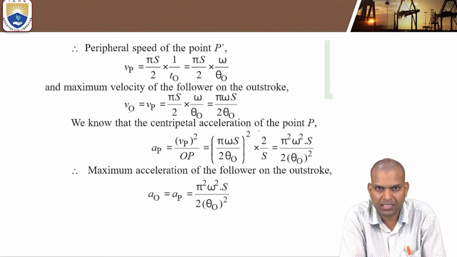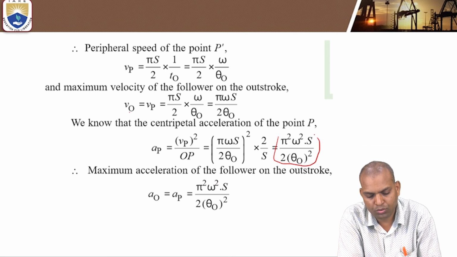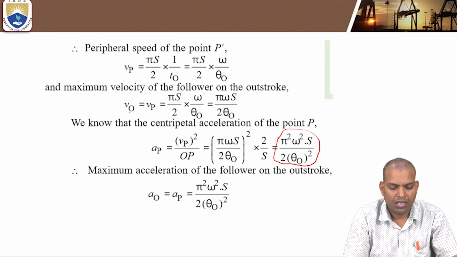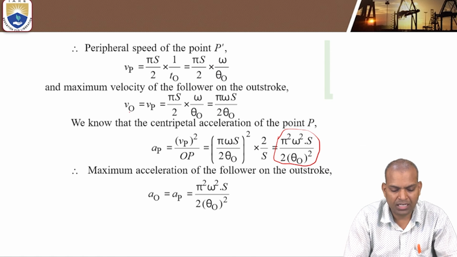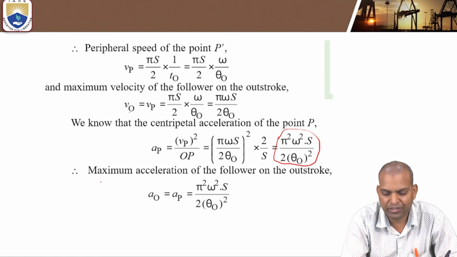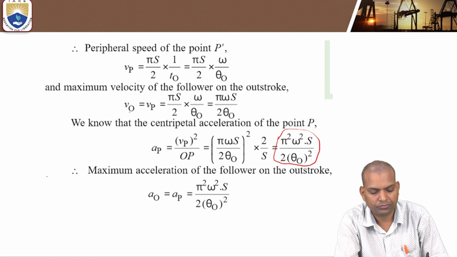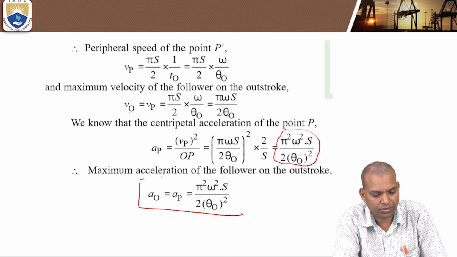It comes to 2 by s, that is pi square omega square s by 2 theta naught square. Now that is the maximum centripetal acceleration. The centripetal acceleration is nothing but the maximum acceleration of the follower during outstroke.